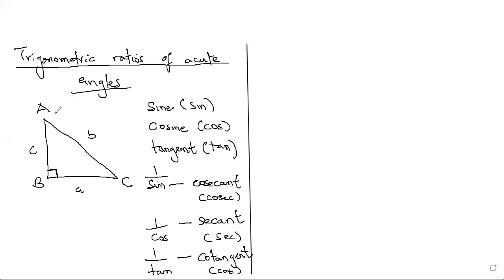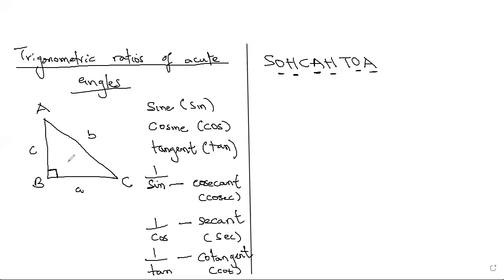The popular way to remember the trigonometric ratios is SOHCAHTOA. Depending on what you have, if you have the opposite and the hypotenuse, you use sine. If you have adjacent and hypotenuse, you use cosine. And if you have opposite and adjacent, you use tangent.